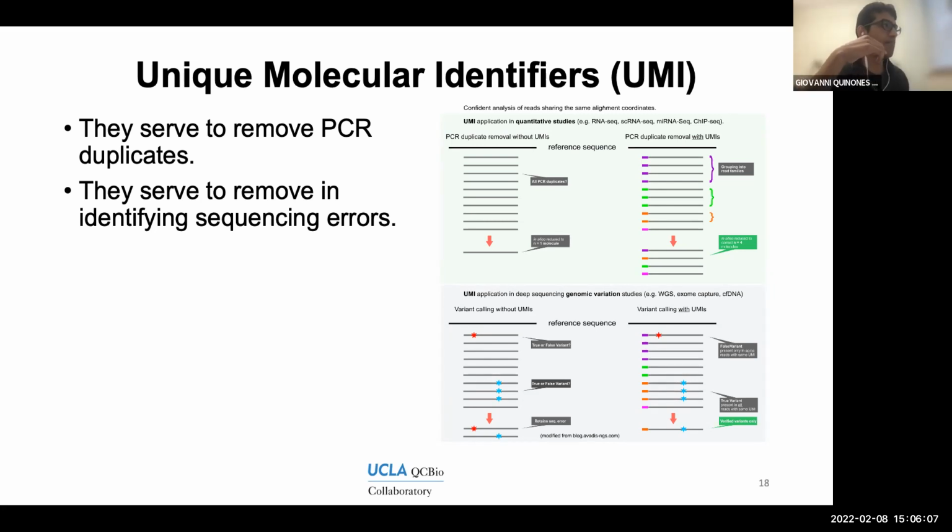Right. In a few slides from now, I'll show a diagram where this becomes more clear. But what I can tell you for now is that every unique UMI will bind to a unique RNA molecule, regardless of the sequence of that RNA molecule.